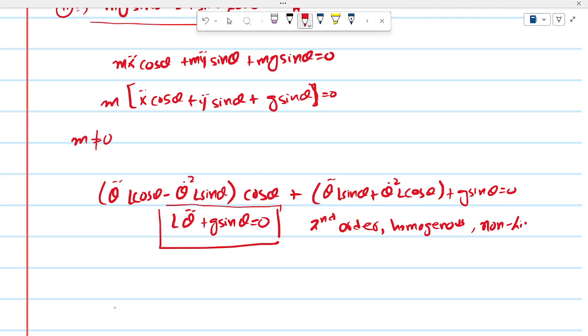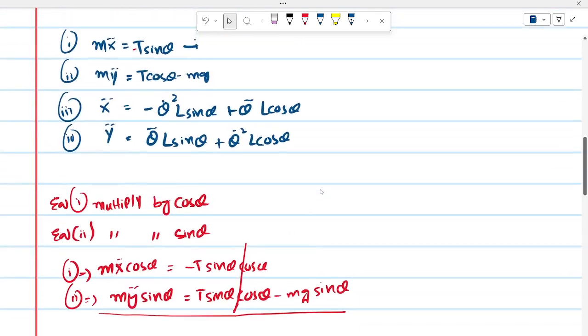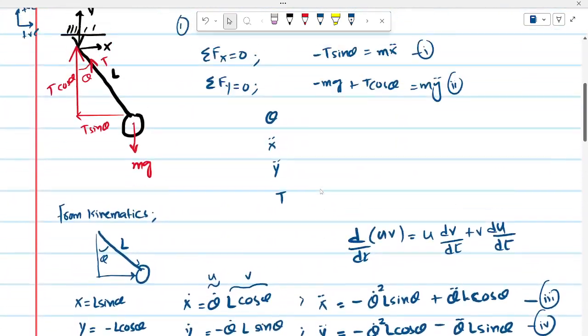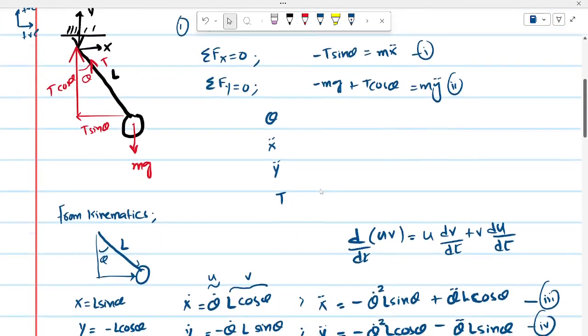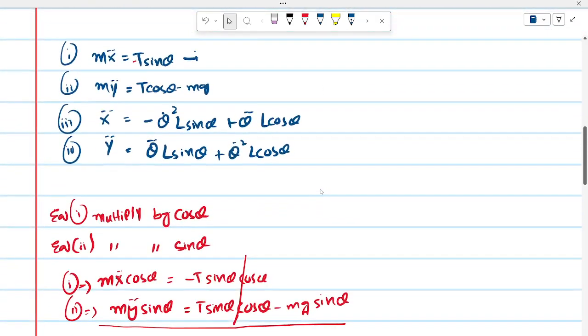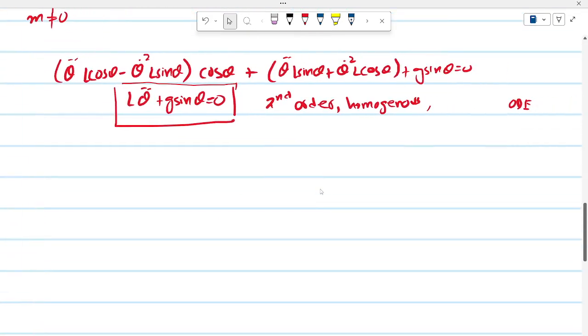Oh sorry, that's not linear, it's a second order homogeneous ordinary differential equation. So you see, if you employ Newton's law, it made it too complex to derive the equation of motion. You have to employ the kinetics for that one and all of this together.